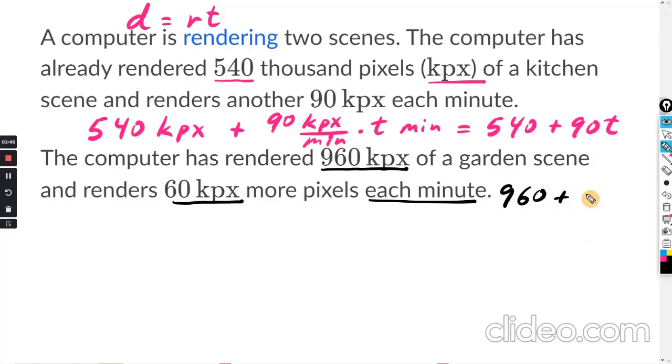Instead of 90t, it's going to be 60t. Alright, and we want to find out when they're the same. So we're just going to set these equal to each other. Alright, we have 540 plus 90t. And that's going to equal 960 plus 60t.